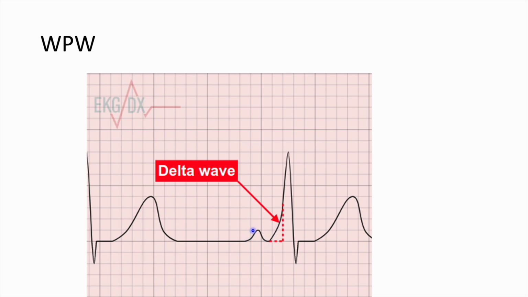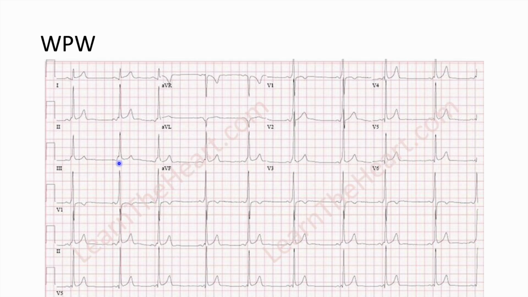So you basically have a P wave straight into a slower sloped delta wave into the QRS complex. Let's go back. You can see this here. It's hard to see the P wave here, maybe here. There's a small P wave and then straight into this upward slope and then into your spike.